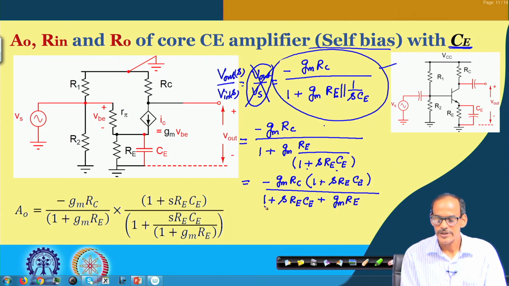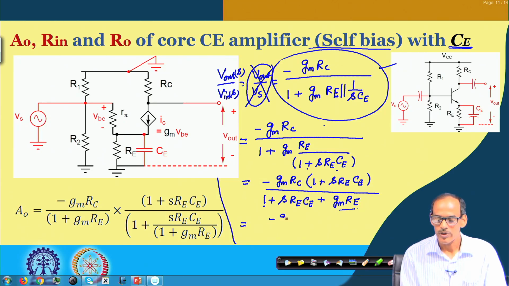Now, this is independent of frequency, and this is also independent of frequency. We can take them together, so 1 plus Gm into Re we can take as a factor.